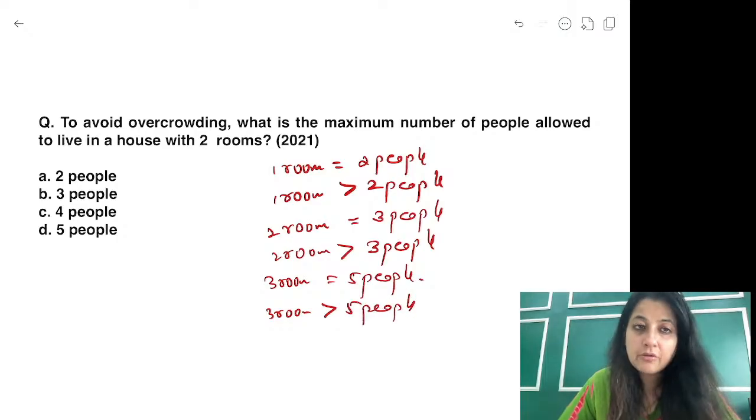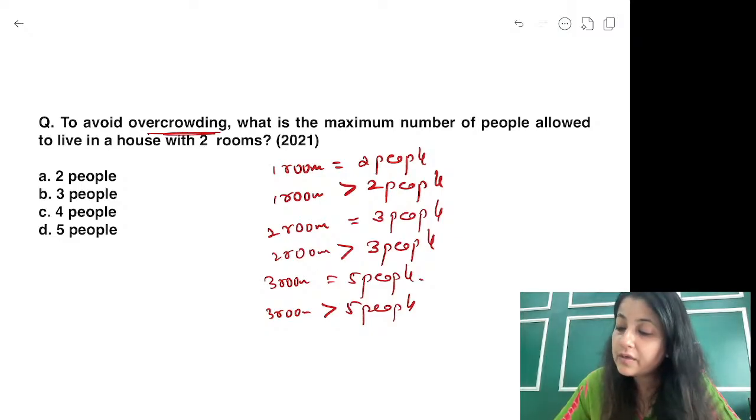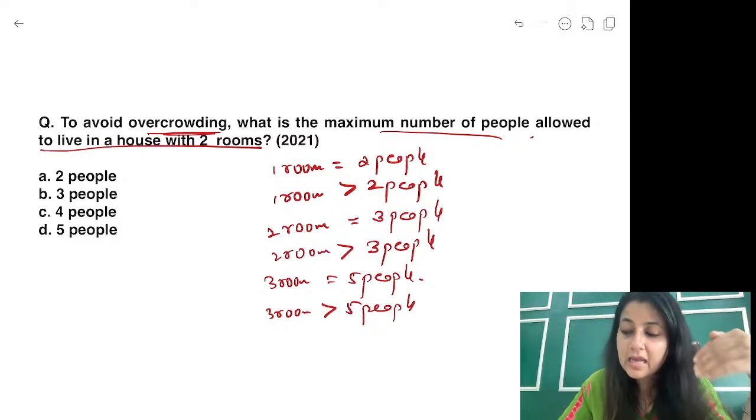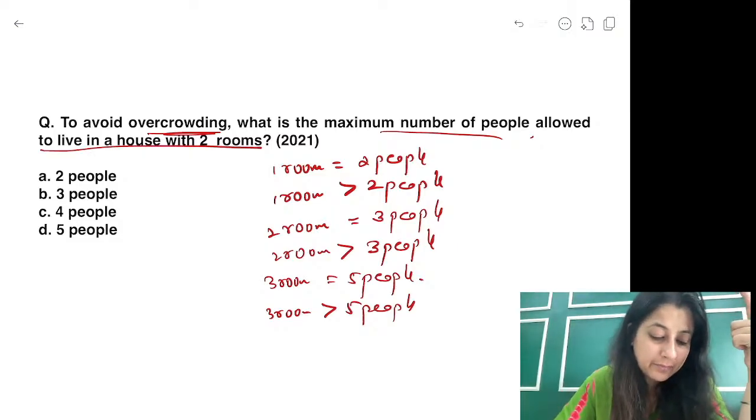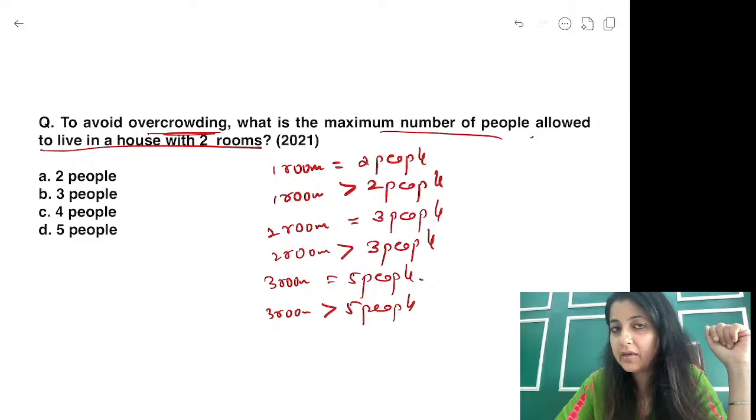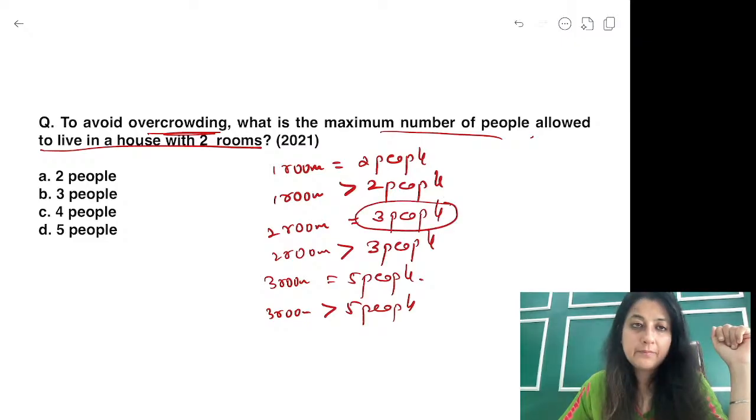So now the question is asking, to avoid overcrowding, what is the maximum number of people allowed to live in a house with 2 rooms? In 2 rooms, you can allow up to 3 people.